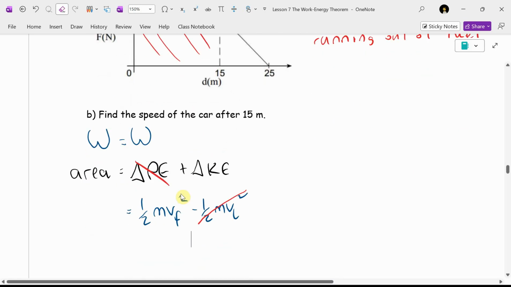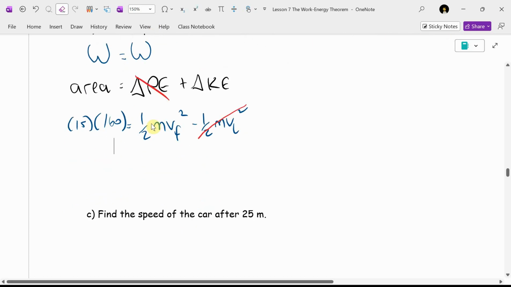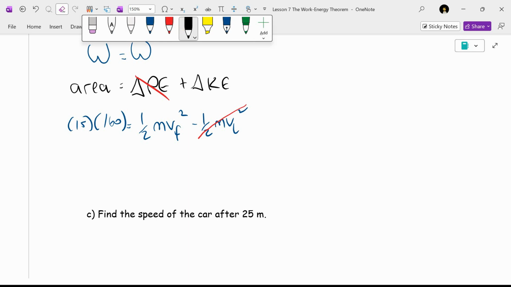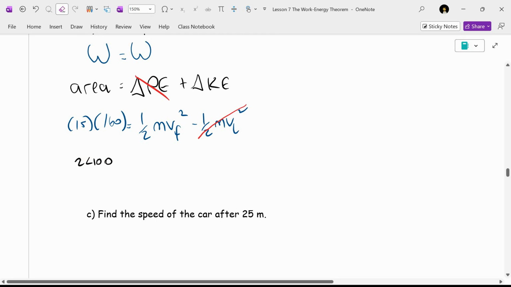Okay, so here on the left, let's go 15 times 160. Let's crunch that. Turn that into a number. 2,400. And on the right, because I want to get the v by itself, now I'm going to write it as mv squared over 2.